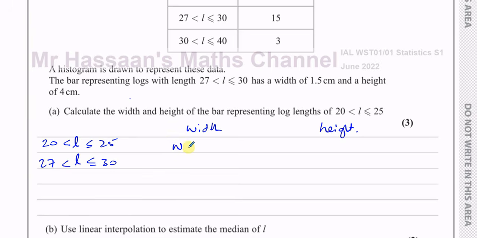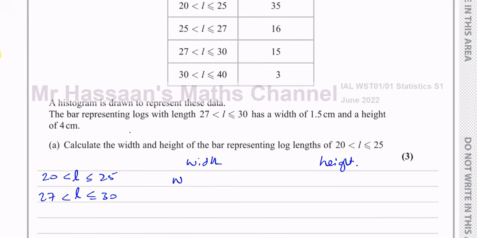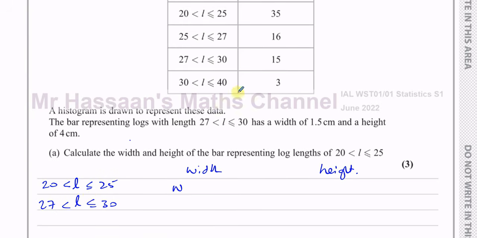Now, we have to find the width of this bar. Now we know that the width of the interval of the 20 to 25 is 5. The width of the interval is from 20 to 25. So this width is representing 5 units.